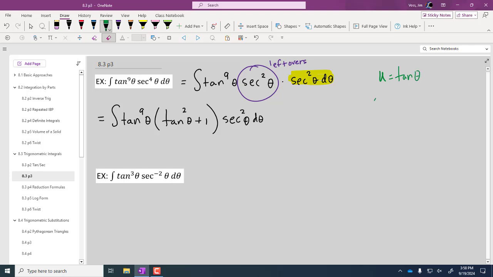So du is secant squared of theta d theta. That's going to give us u to the 9th multiplied by u squared plus 1 times du.